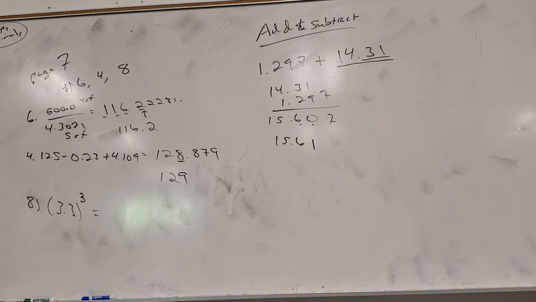If I lined them up, it'll be 125 minus 0.23 plus 4.109. You remember filling this in with some zeros, just to keep things lined up.